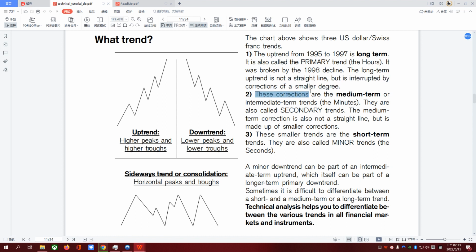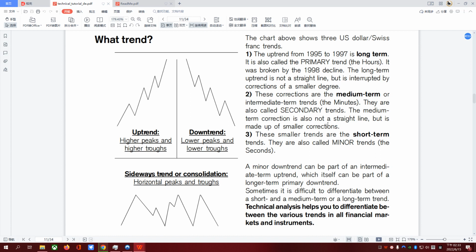Most of the corrections, I would say, are the medium term. We also call these intermediate-term trends, or secondary trends.